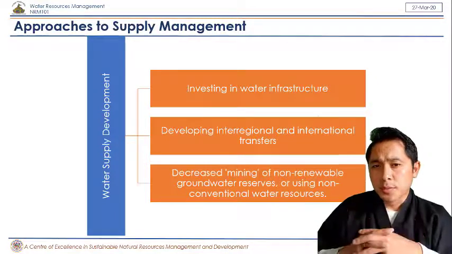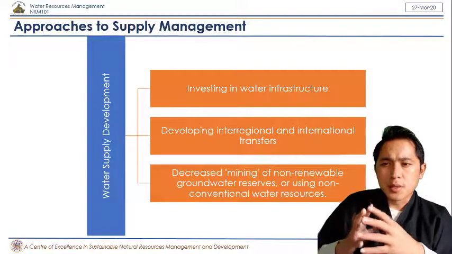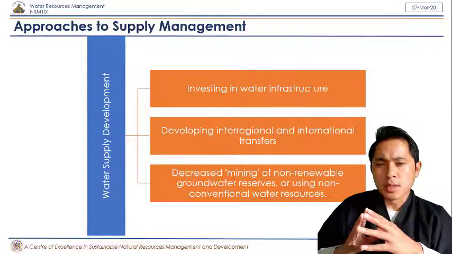Another way is to decrease groundwater mining.